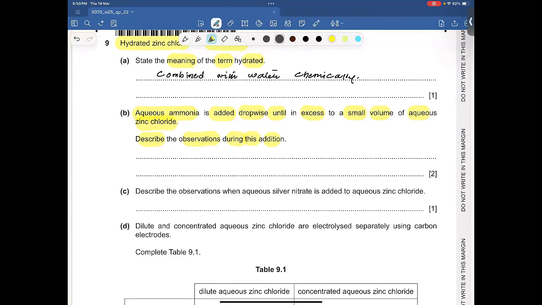Aqueous ammonia is added dropwise until in excess to a small volume of aqueous zinc chloride. Describe the observation during this reaction. Well, ammonia is not going to react with chloride ions, but ammonia definitely reacts with zinc ions, forming white precipitates. White precipitates are formed with few drops of aqueous ammonia.